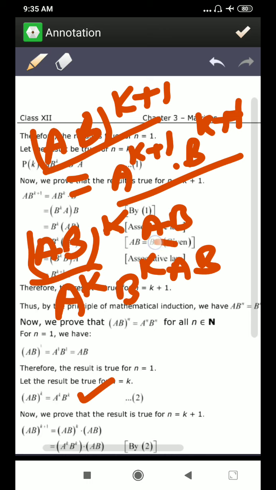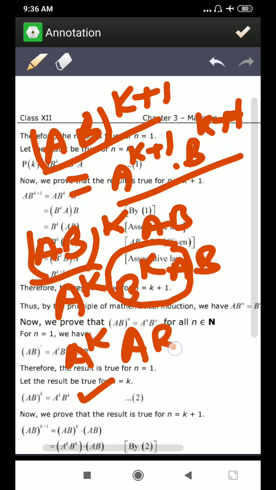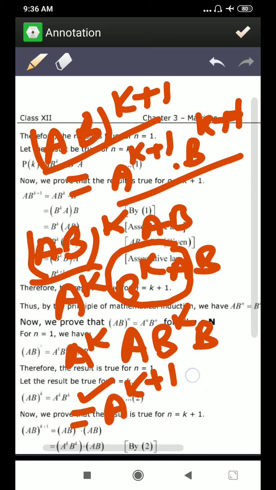Now we know that B raised to power k into A, from the first part, is A into B raised to power k. So we can write it as A^k into A into B^k into B. So it will become A raised to power k plus 1 into B raised to power k plus 1, which we have to prove.